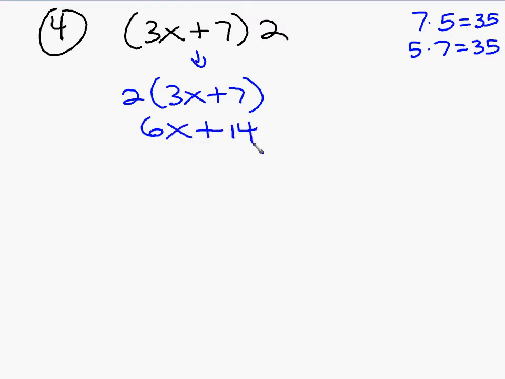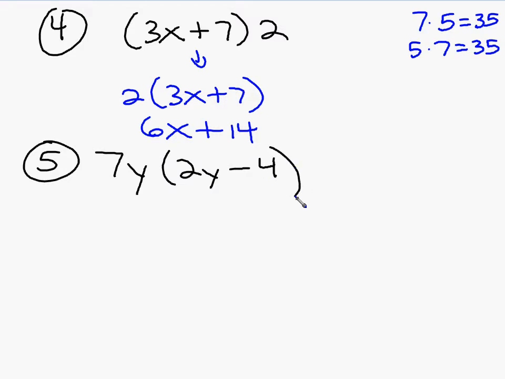Now, sometimes you may have to use what we learned about exponents on a problem like this. 7y times 2y minus 4. We still use the distributive property the same way, but now we have to pay attention to exponents.